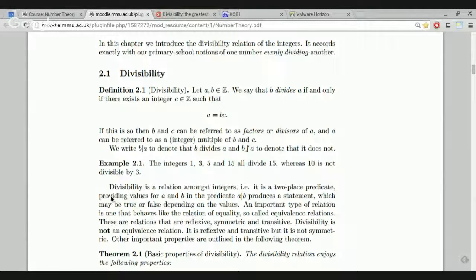B divides A if and only if there exists some other integer C such that A is the product B times C. And we have the notation B straight line A. You read that out in English as B divides A.